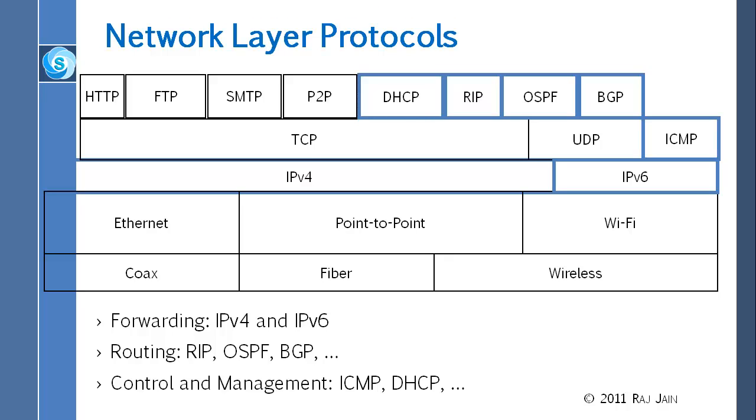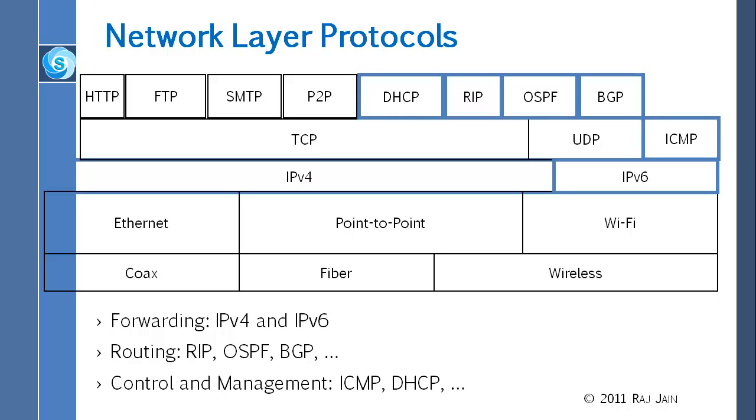Any clerk can do that. Routing means to prepare that table. That means you have to know who is connected to what, the complete network map, and then figure out that to go from A to B, you should go by that door. Or to go from A to C, you should go through that door. So that table preparation is called routing.